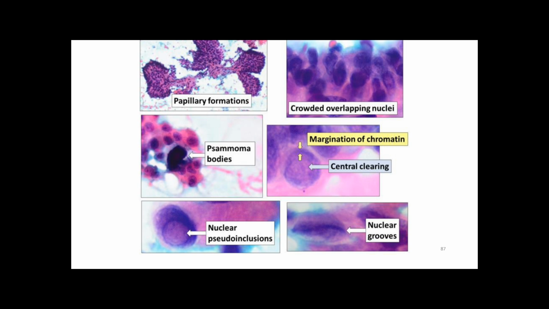Then margination of chromatin, with center clearing; the chromatin is at the outer edges. Another is the nuclear pseudo inclusion, and you can also see nuclear grooves in papillary carcinoma.